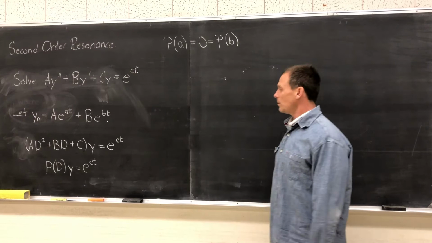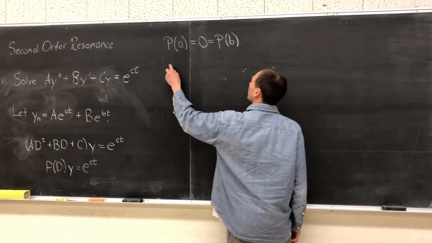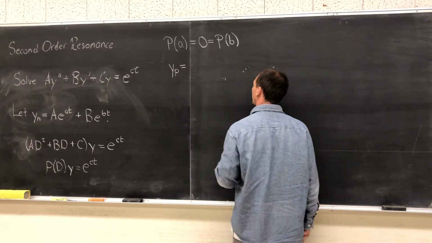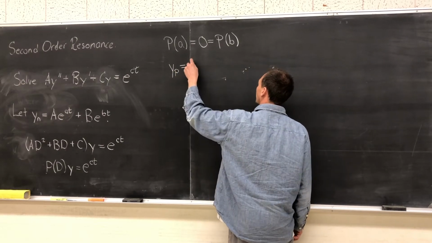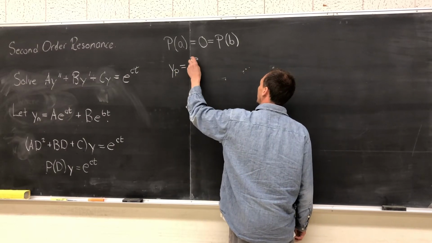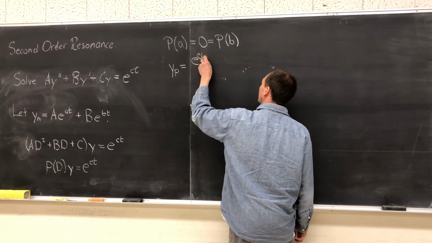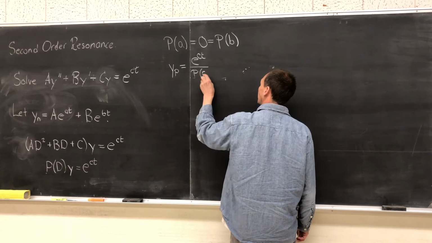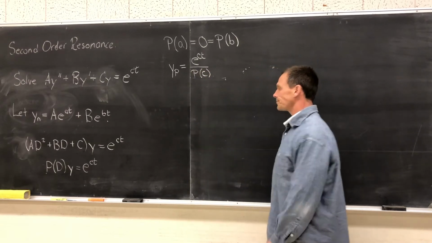So we're going to remember this. Our next piece is our y particular, and our y particular is of the form, we said, e to the ct over p of c.